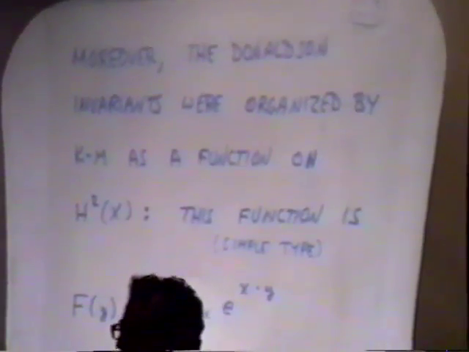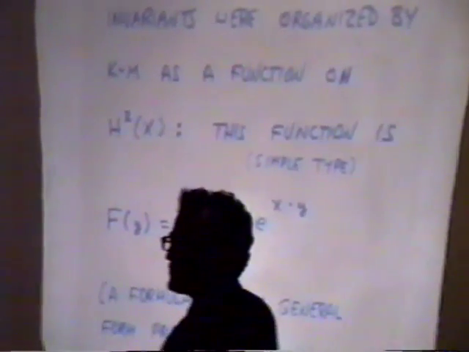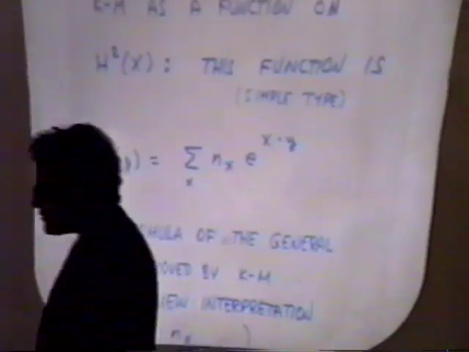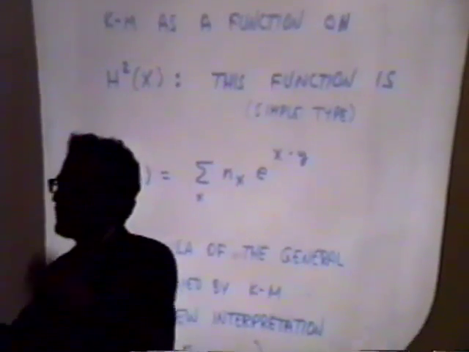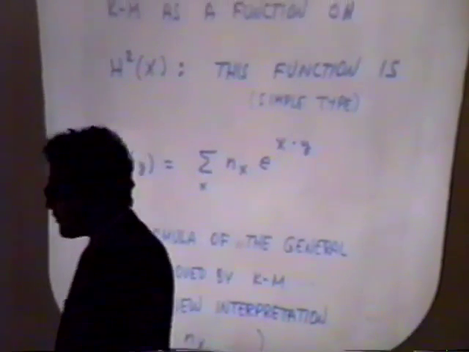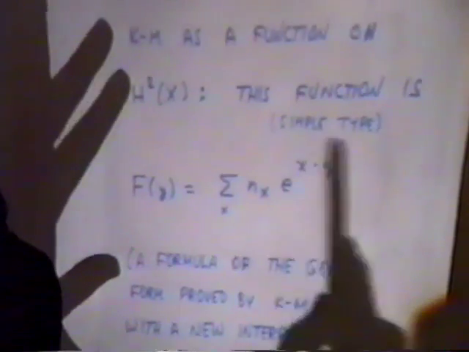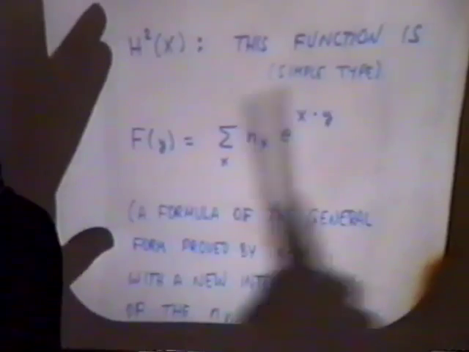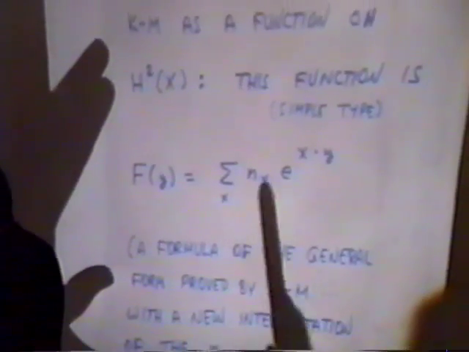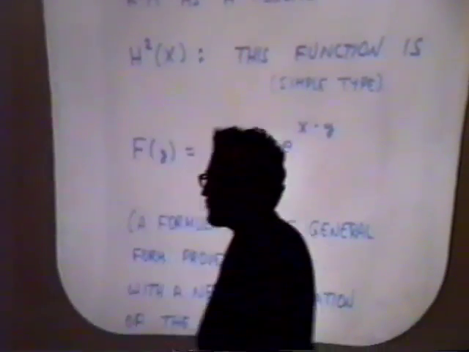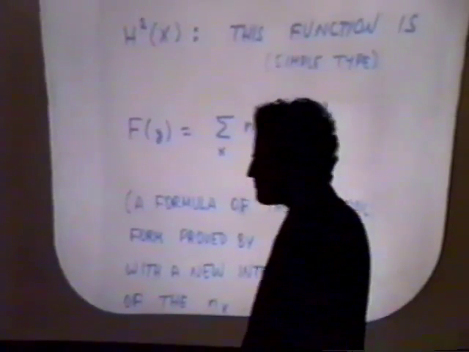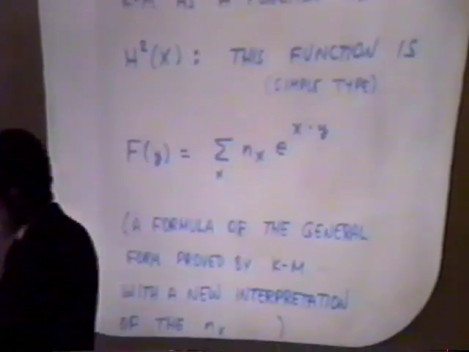See, Donaldson defined various polynomials on the second cohomology, but essentially, if you just add up all those polynomials, you get a function on the second cohomology, which Kronheimer and Mrowka proved, under an assumption which is true of all known four-manifolds, to be of this type with some rational numbers n_x. And now I claim that in fact the n_x's are the invariants that I've defined for you.